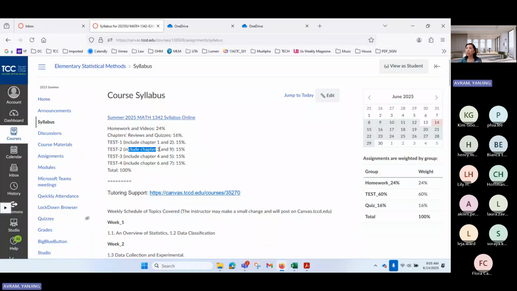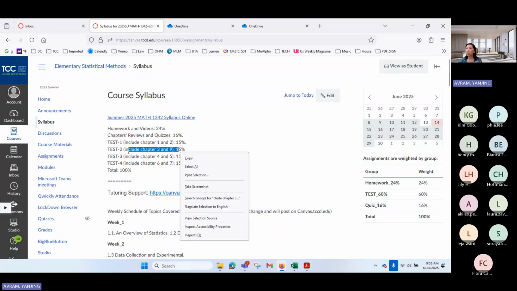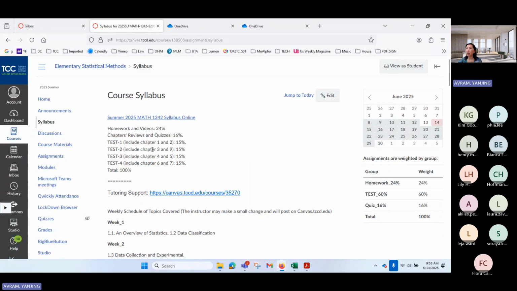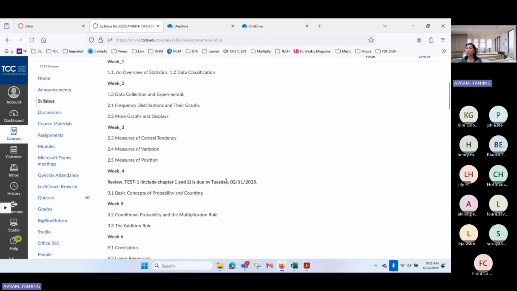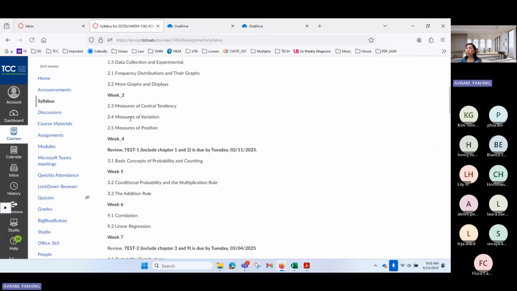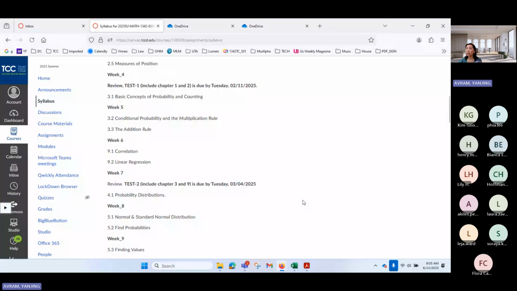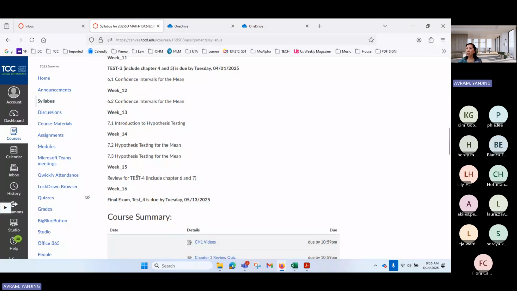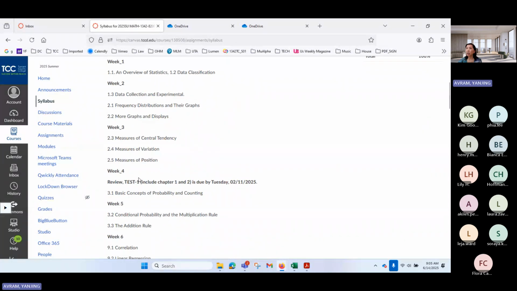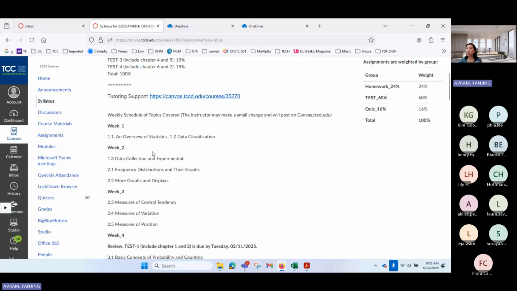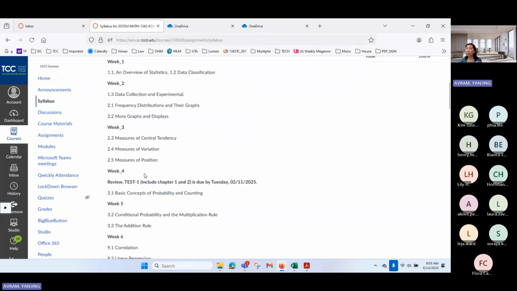Chapter 3 is about probability. You will look at the weekly assignment. This is according to the 16-week schedule. I'll change this schedule to the mid-hour.